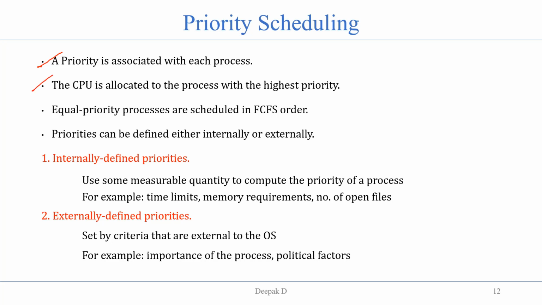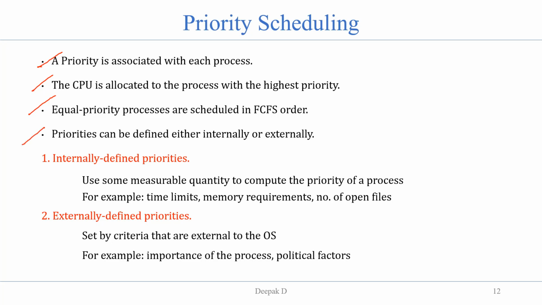If two or more processes have equal priority values, then to break the tie between these processes, the first come first serve method is used. The important thing is that priorities can be defined either internally or externally.